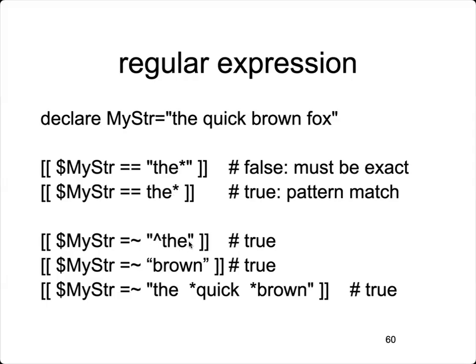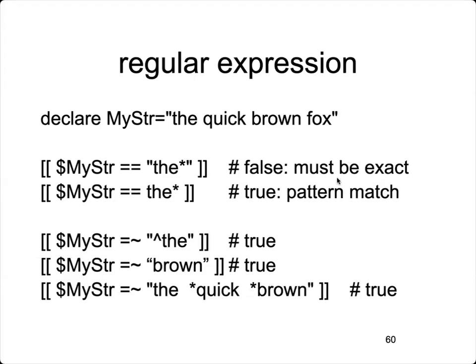We don't need any continuation here because it's just a match. Here it contains brown, and here we allow for any number of spaces. So the space asterisk, this is how I do multiple spaces. Allow for multiple spaces, quick brown, and that's true too.